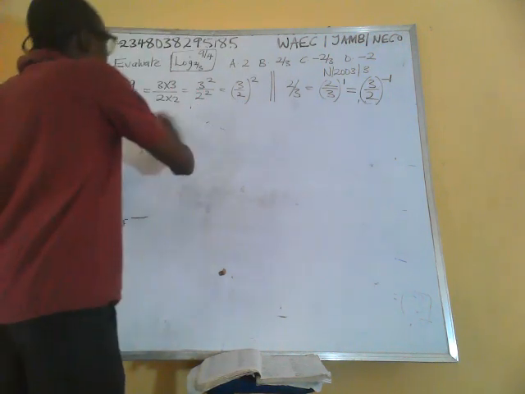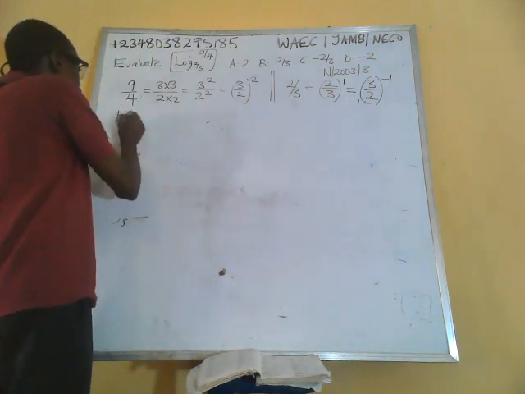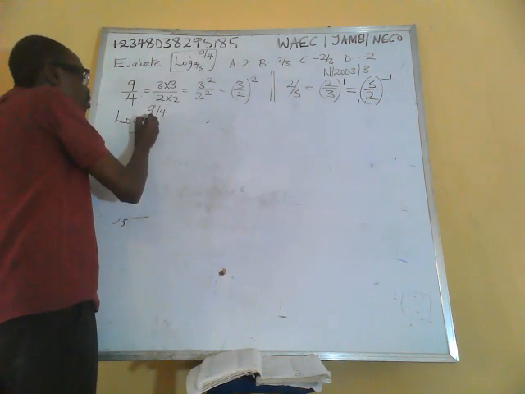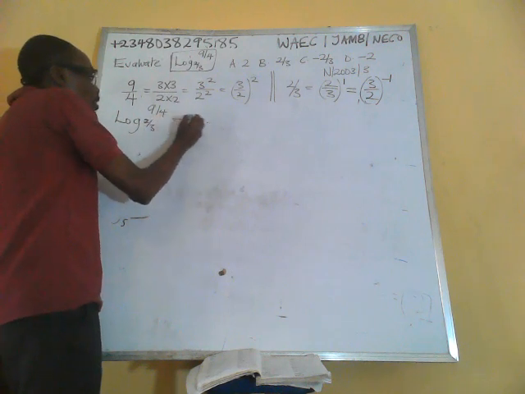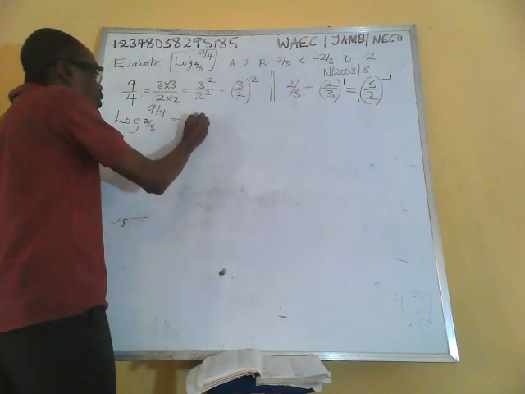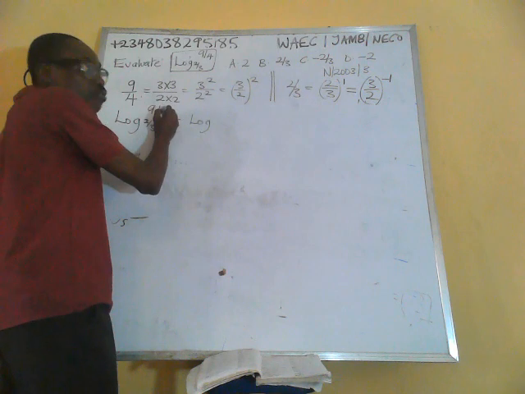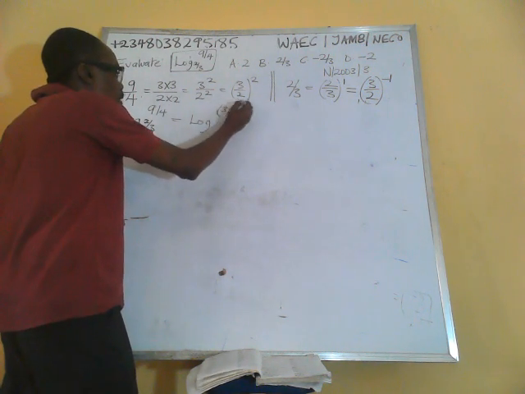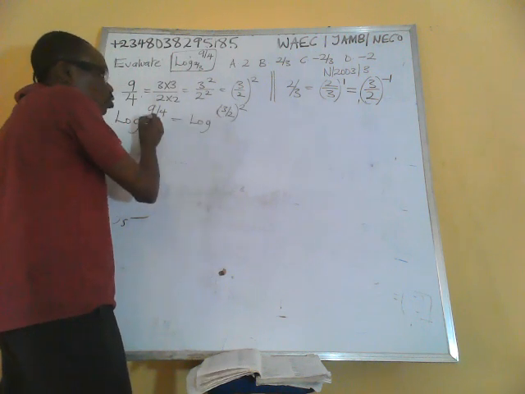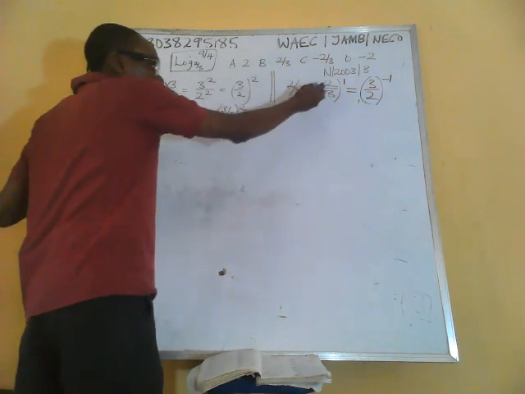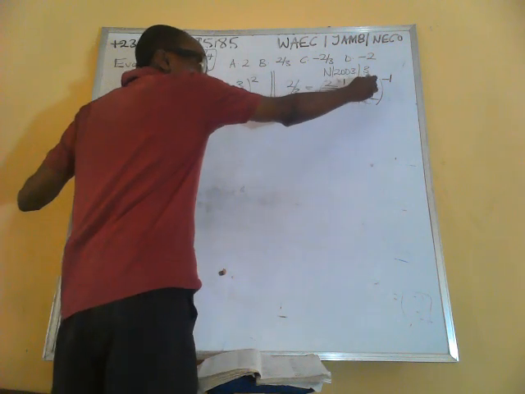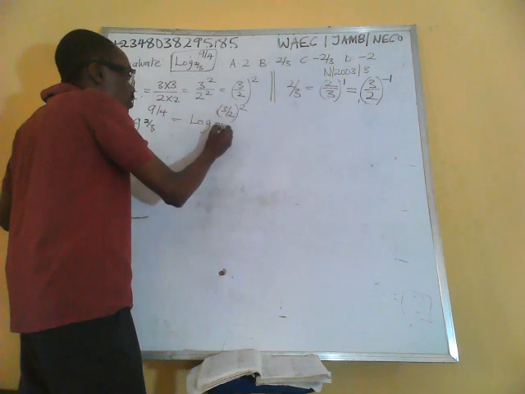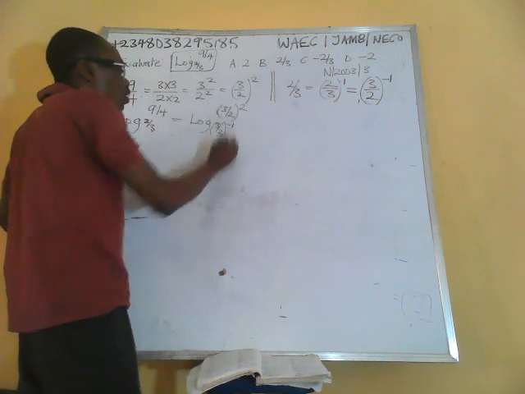So our log 9 over 4 base 2 over 3 can now be written as log of 3 over 2 raised to power 2, to base 3 over 2 raised to power minus 1.